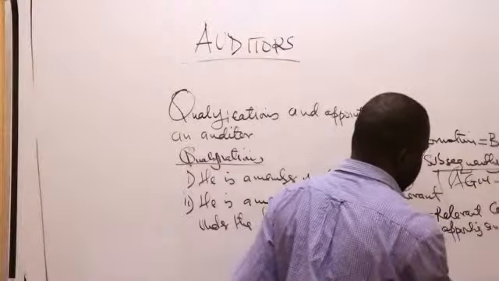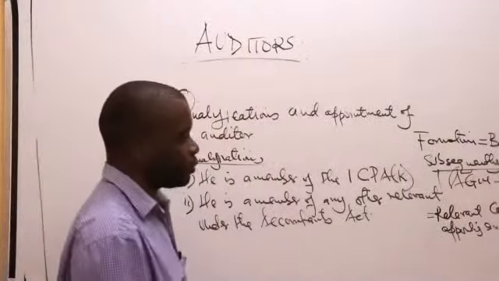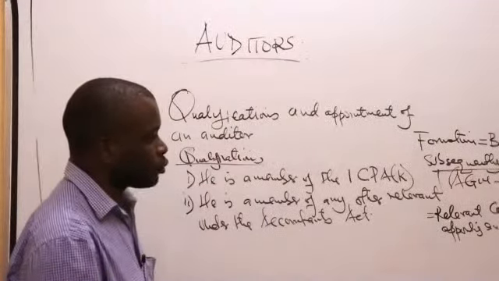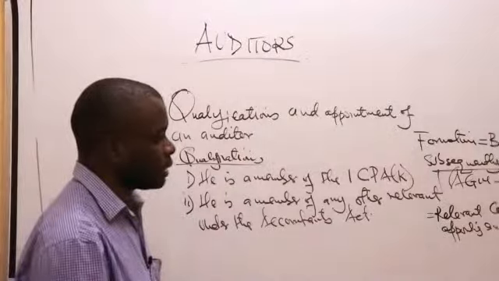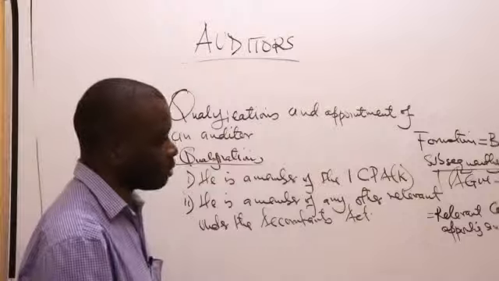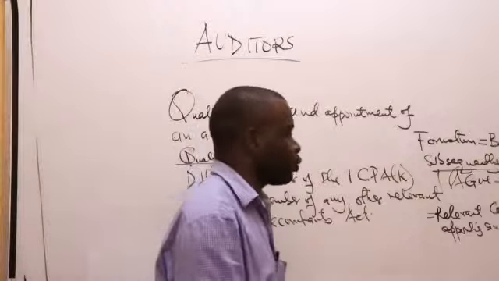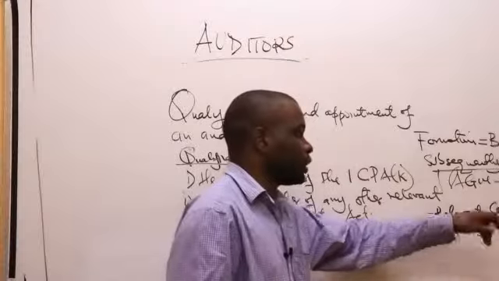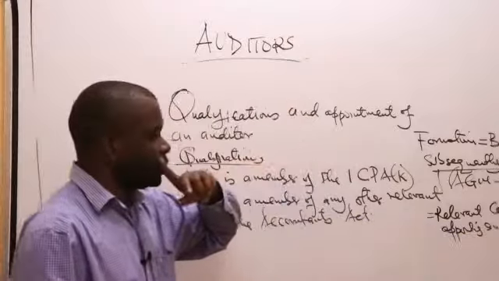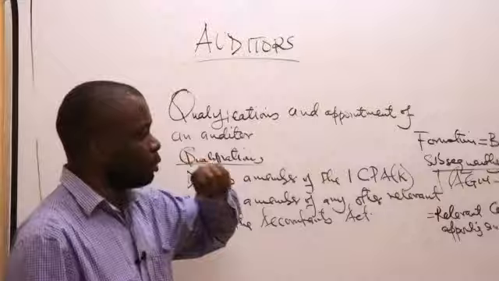For example, if it is a parastatal under the Ministry of Education and they haven't been able to appoint an auditor, the cabinet secretary can step in and appoint an auditor for such a corporate body.